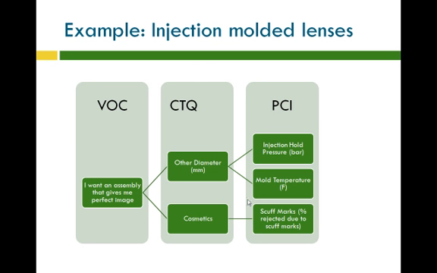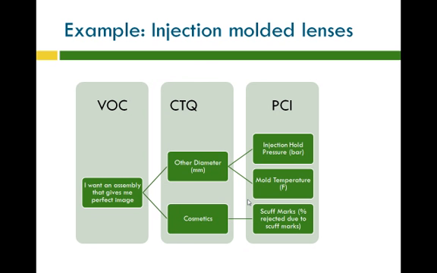Let's take a look at an example. If you were in the business of molding lenses at an injection molding company, the lenses may go into projection televisions. The voice of the customer may be, I want an assembly that gives me a perfect image, no blurry vision. A CTQ may be, okay, we have to get the outer diameter right in millimeters, because otherwise the lens may shake in the assembly and you won't get a clear image.